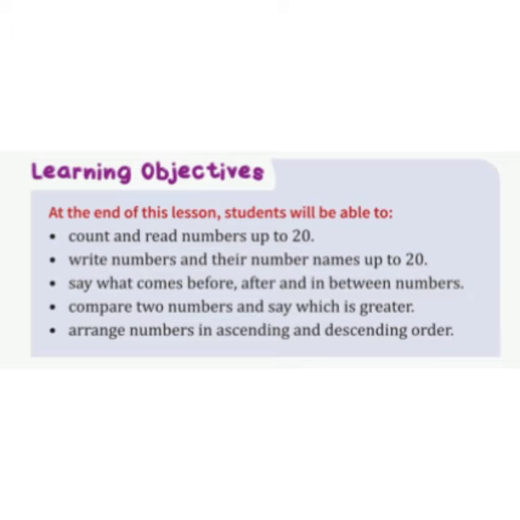We are also going to learn to write numbers and their number names up to 20, to say what comes before, after and in between numbers. We are going to learn to compare two numbers, which is greater, in the sense it's bigger. We are also going to learn to set the numbers in ascending and descending order.